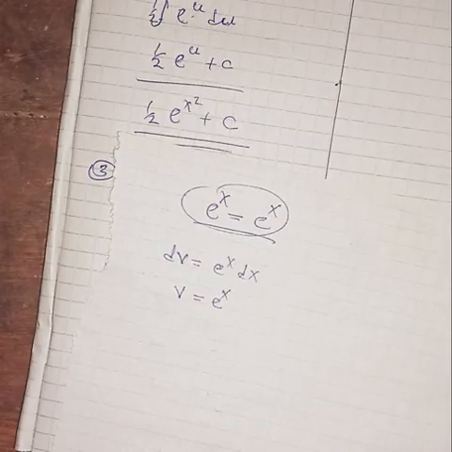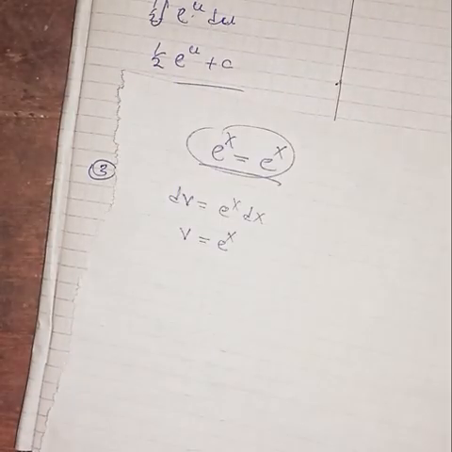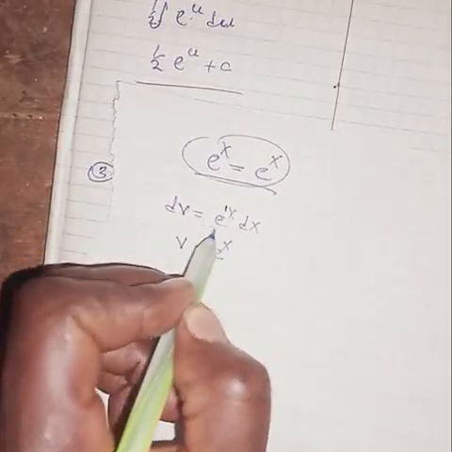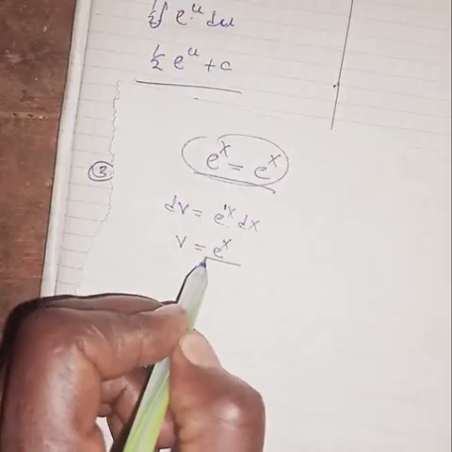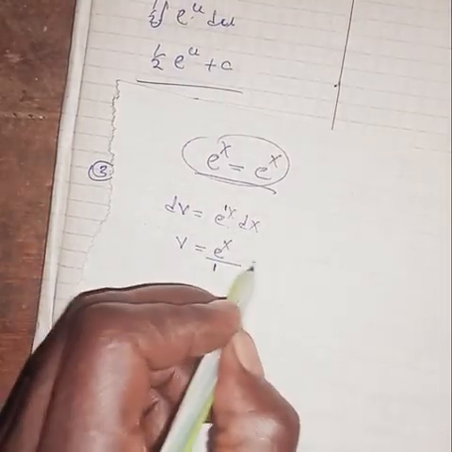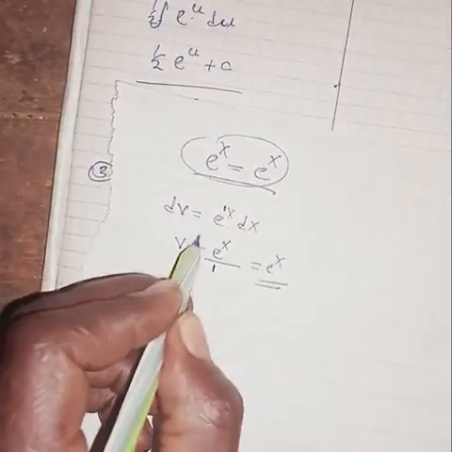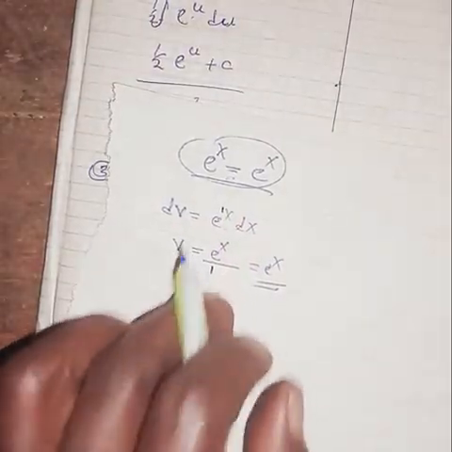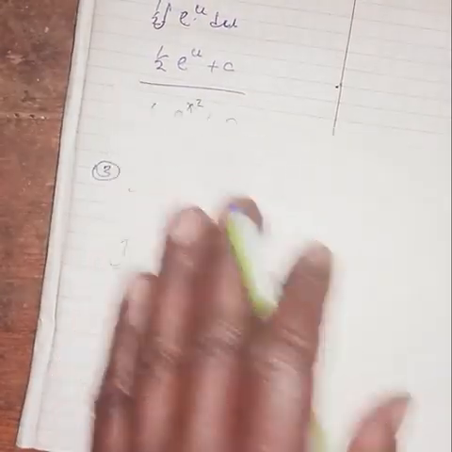Someone will ask how. There is a 1 here. When you bring that 1 down there, what is the effect? It just remains e raised to x. That is why it is like this. I think I have explained it.